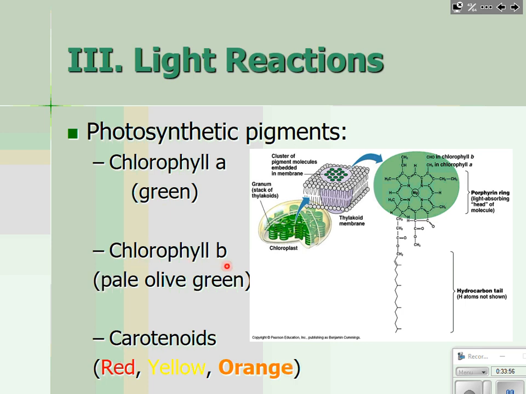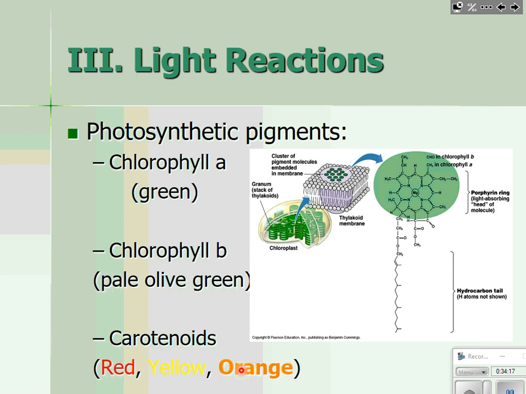Some plants also have a slightly different version of chlorophyll called chlorophyll B. It's a pale olive green color, and many plants have what are called accessory pigments or helper pigments, which are sometimes also referred to as carotenoid pigments, and those are red, yellow, and orange.